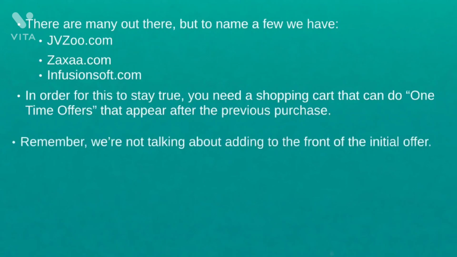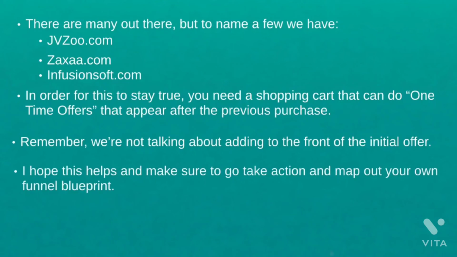We're not talking about one-time offers that are added to the front-end initial offer. So you want to make sure that you do your due diligence and make sure that this is the type that they are compatible with, because some shopping carts will actually say that, but in reality, it's a very different one-time offer. So that way it helps you kind of differentiate between the two.